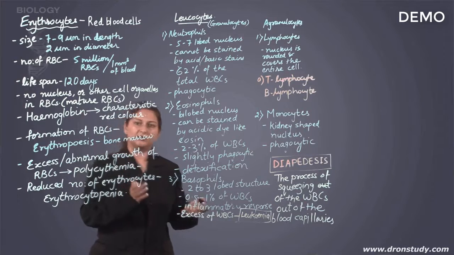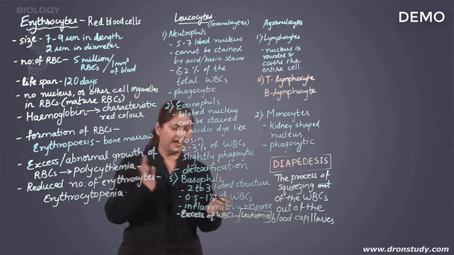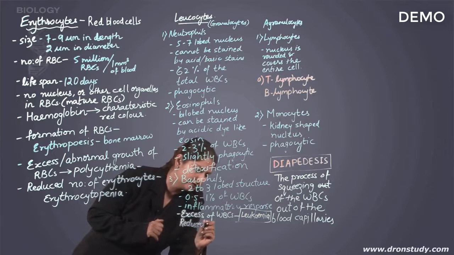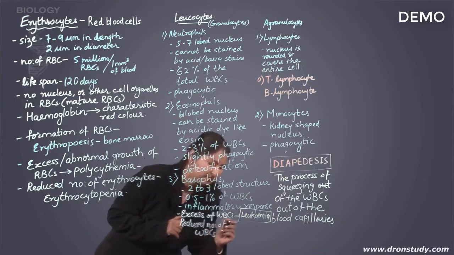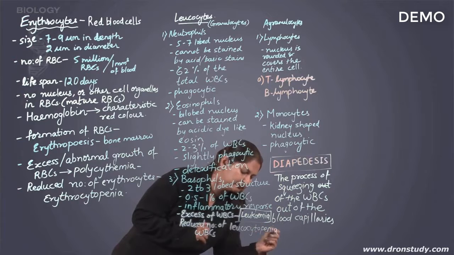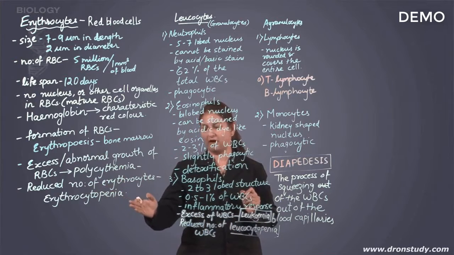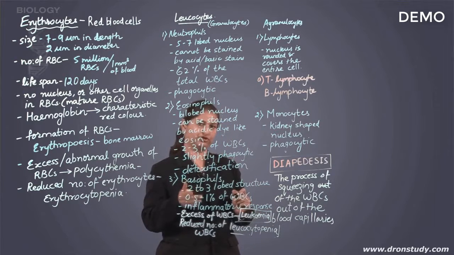And exactly the way there is a reduced number of RBCs, we have a reduced number of WBCs, and that is called leukocytopenia. It's easier for you to remember because we have studied erythrocytopenia, leukocytopenia. Now these are the disorders usually we come across.